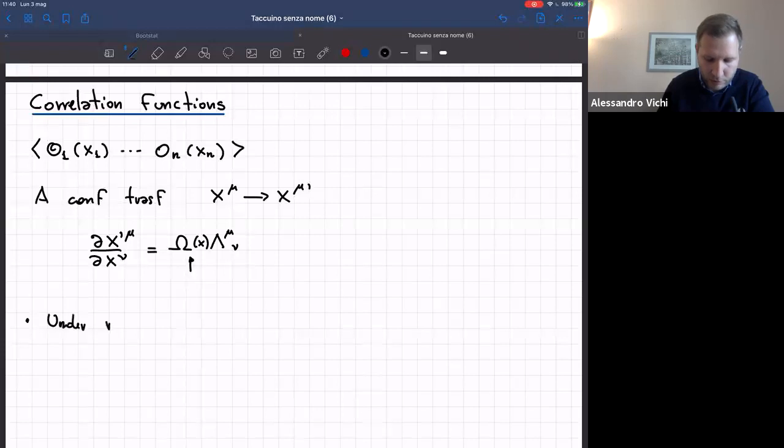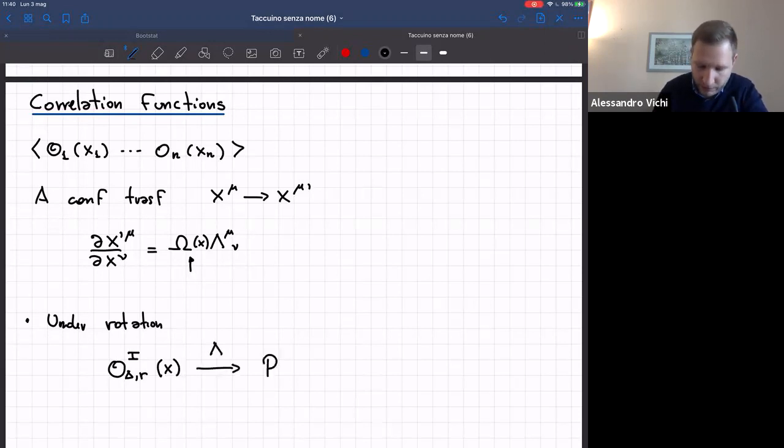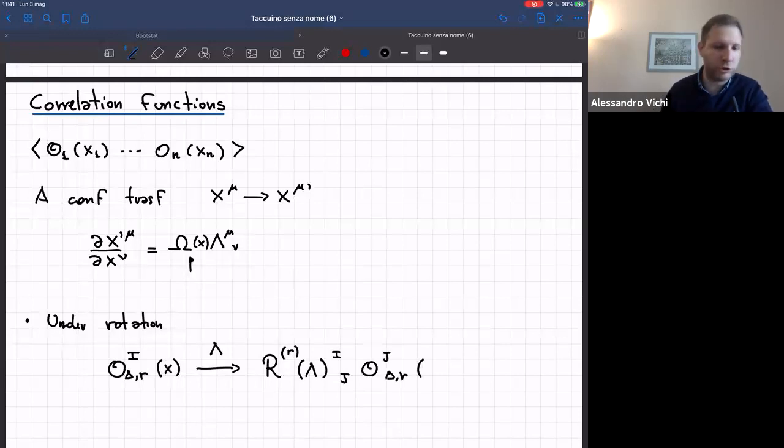In particular, under rotation, an operator O, which has scaling dimension delta and lives in some irreducible representation R, with some collective indices I, and depends on x, will transform, as we know, with the appropriate representative matrix, the representative of the transformation lambda, which has the same indices of the operator, collectively called I and J. This is contracted with O_J, and then, of course, the argument x of the operator gets transformed with the inverse transformation.